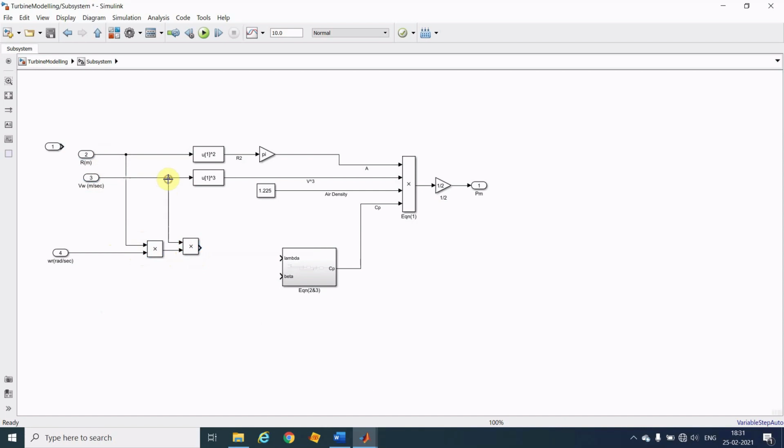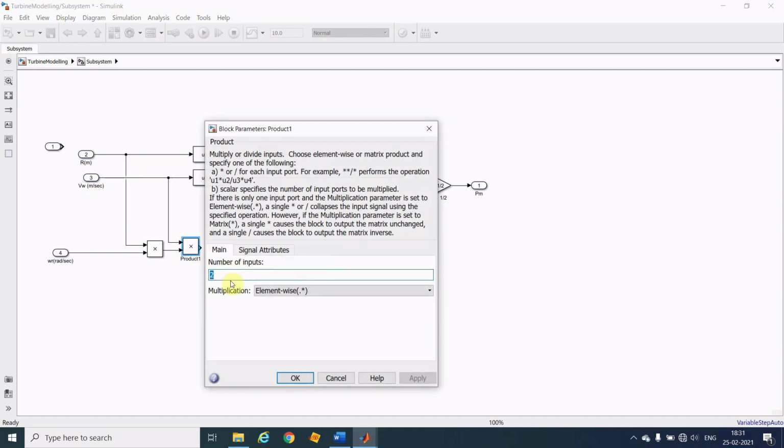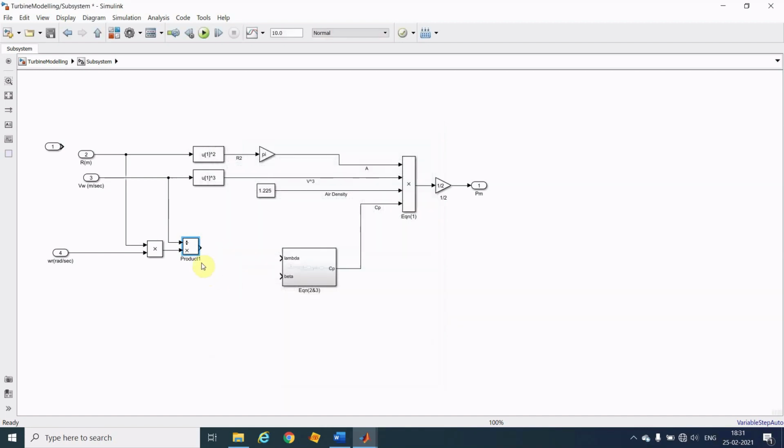Omega r divided by v is nothing but lambda.